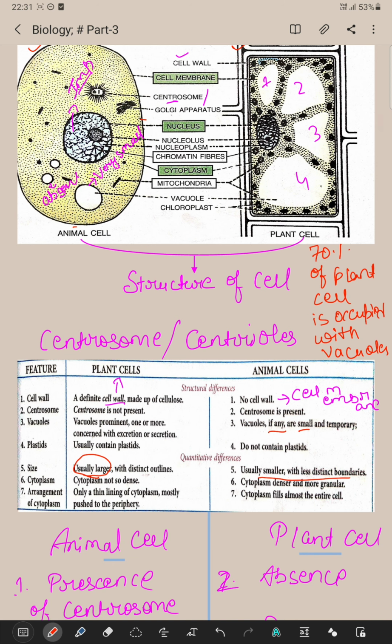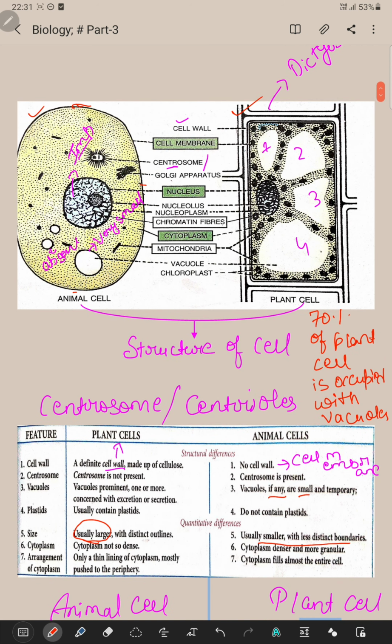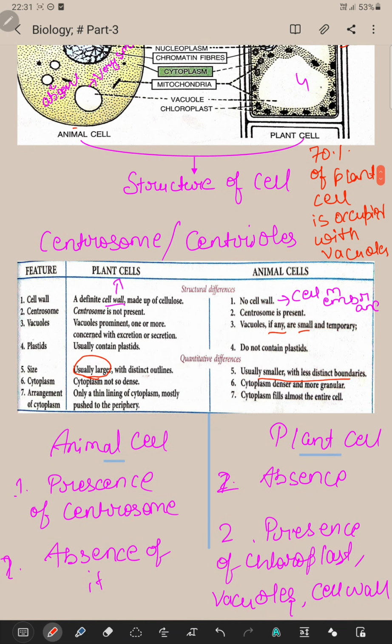Let me tell you. Because here you can see some outlines, which make it more complex and bigger, and it has more underlinings. Therefore it is considered bigger, because here cell wall, cell membrane, everything is present. But in animal cell the outermost covering is cell membrane only, while here we have cell wall as well as cell membrane. Therefore it is considered bigger. But animal cell is also not very small.